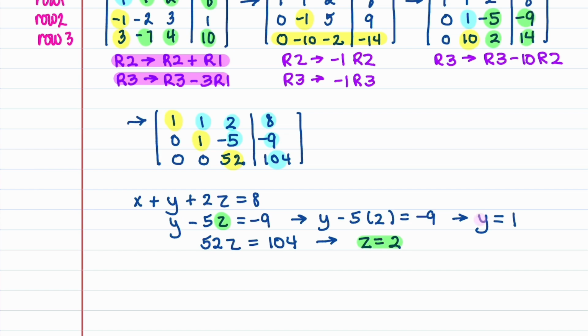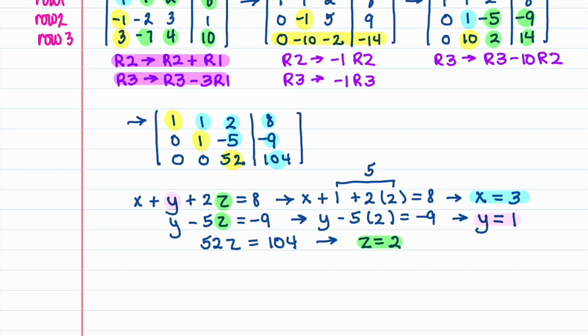Now we're going to take this value for y, plug it back up into our first equation, and plug z also back up into our first equation. So this becomes x plus y, which is 1, plus 2 times z, which is 2, is equal to 8. Let's go ahead and see what this is. This is 1 plus 4, so this is 5. So we have x is equal to 8 minus 5, which is 3.